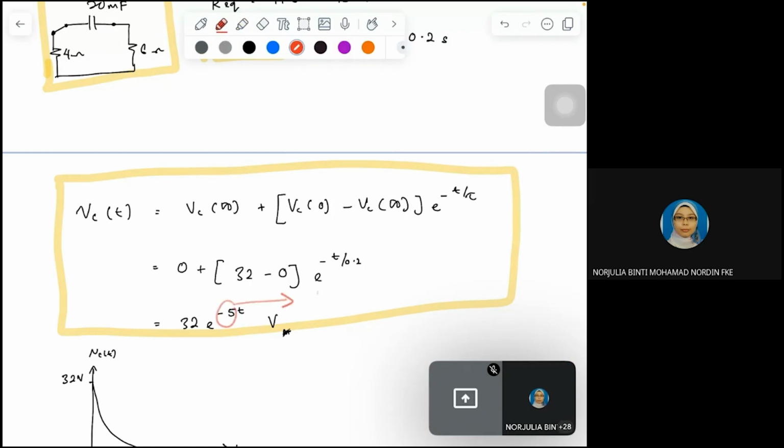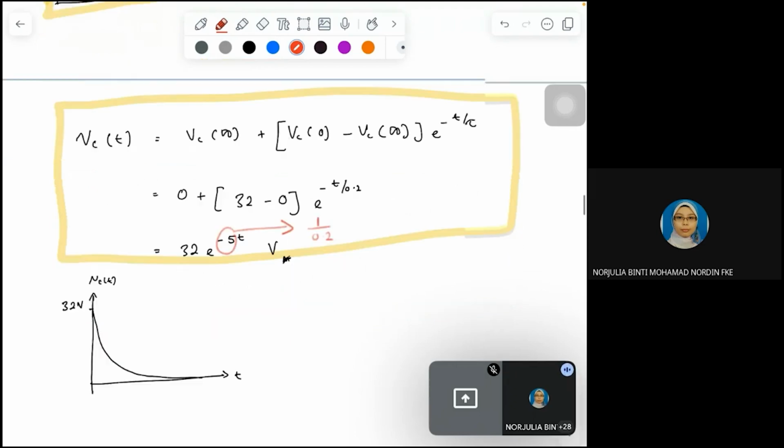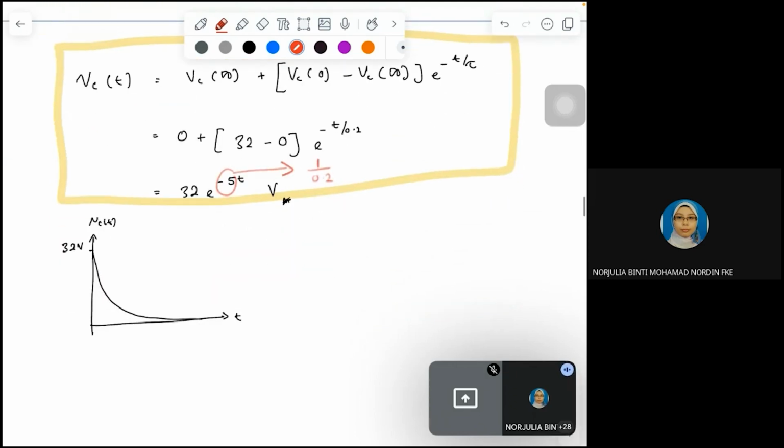It is equal to 1 over 0.2. And then based on this voltage across capacitor expression, you are required to sketch the circuit response graph, right? So this is how you sketch the graph.